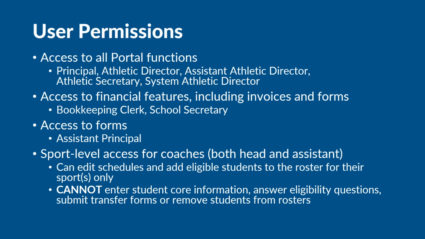Bookkeeping clerks and school secretaries only have access to financial features, and that involves viewing and printing invoices, looking at that statement, submitting and viewing forms. Assistant principals only have access to the forms area, so they can help with filling out forms for the academic achievement awards and things like that.